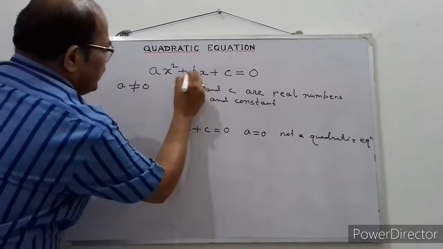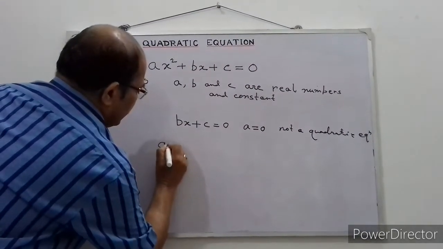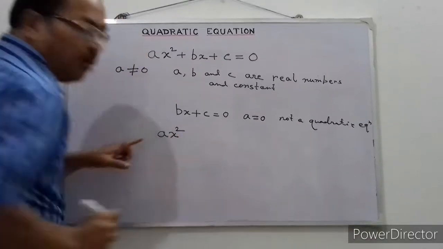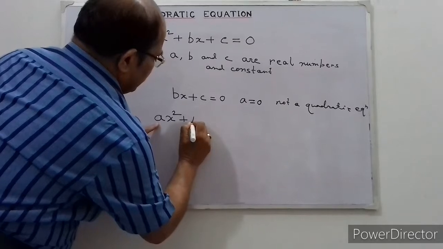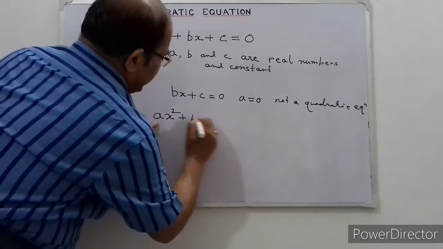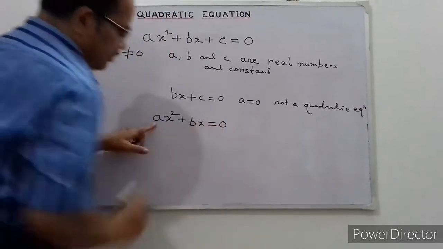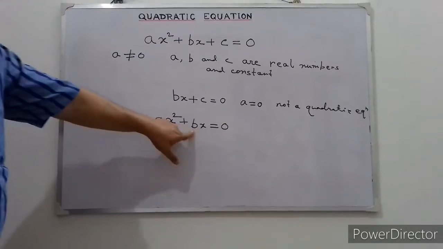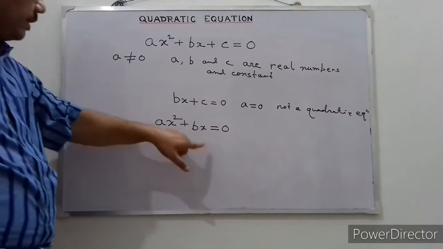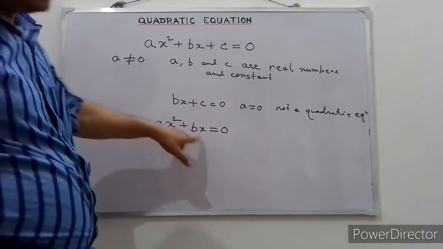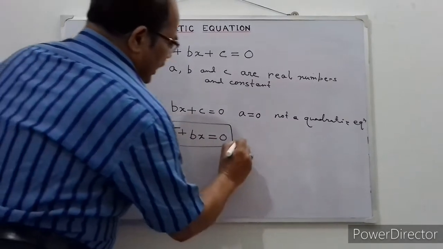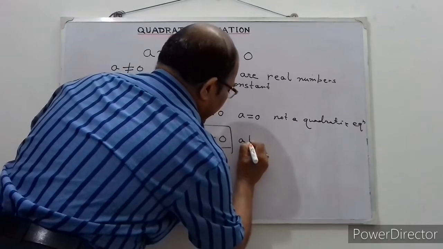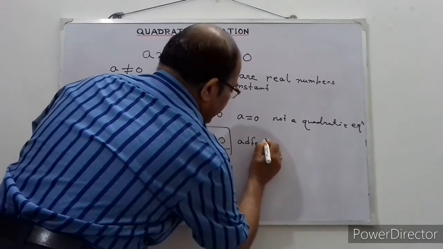But if c is 0, that means the form of the equation is ax square plus bx equals 0. So here c is absent. That means the pure constant term is not here. So this kind of quadratic equation is called adfected quadratic equation.